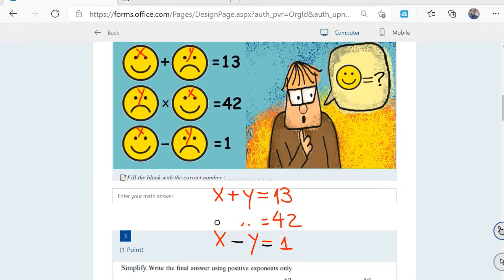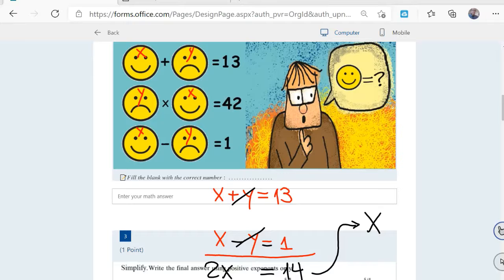I'm going to erase the one in the middle because we can apply the addition method and add those 2 equations. That means 2x plus y minus y, 0, equals 13 plus 1, 14. 2x equals 14. That means x equals 14 divided by 2. X equals 7.